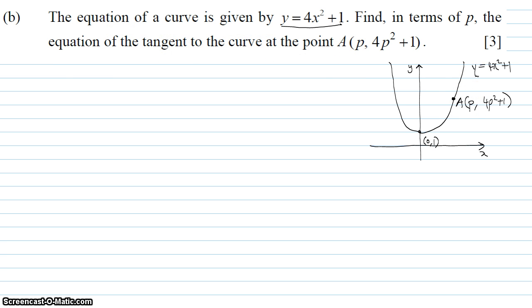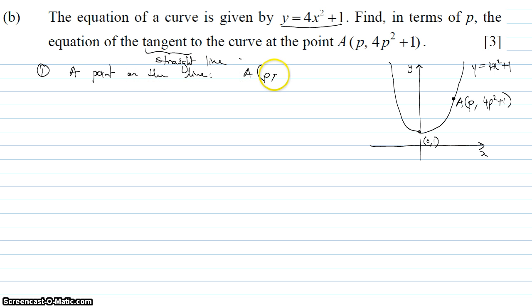So you know that the tangent is a straight line. And so to find the equation of a straight line, I need two things. The first thing I need is a point on the line, which I have already, right?